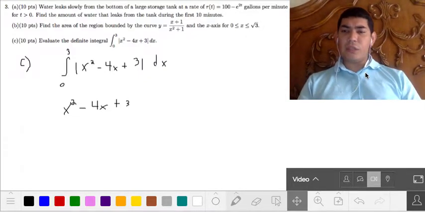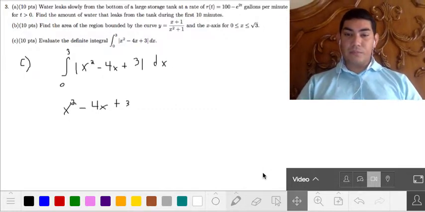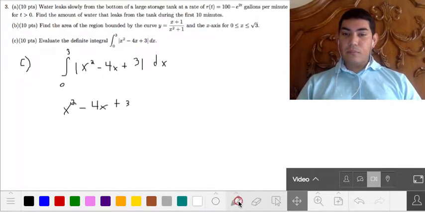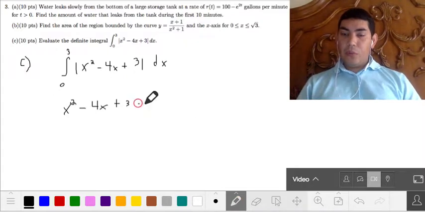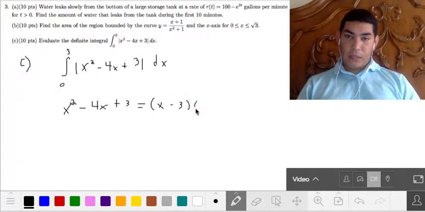So here let's look at this integral. Even though it has an absolute value, let's look at what's inside of it. So we have x squared minus 4x plus 3. That can be factored into two parts: x minus 3 and x minus 1.